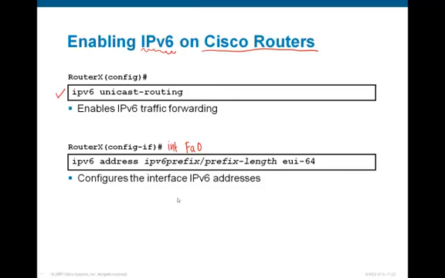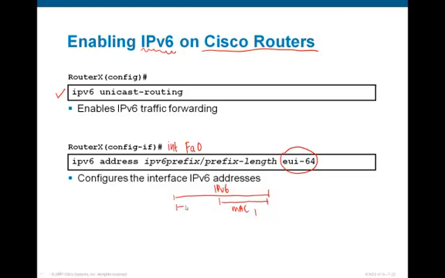Now, instead of assigning the entire IPv6 address, we can use the EUI solution, whereby part of the IPv6 address is automatically filled in with the interface MAC address, so that we don't have to plan an entire IPv6 address.